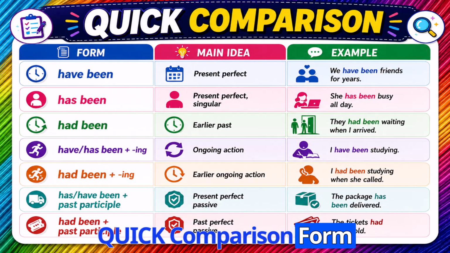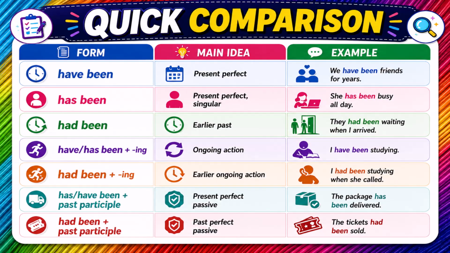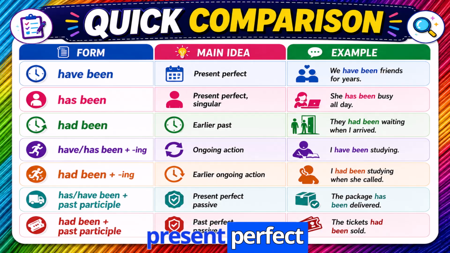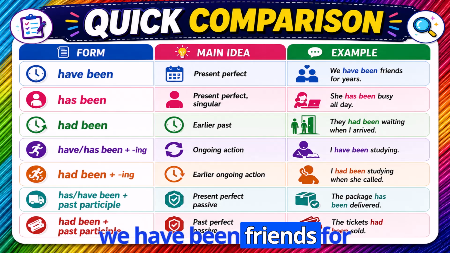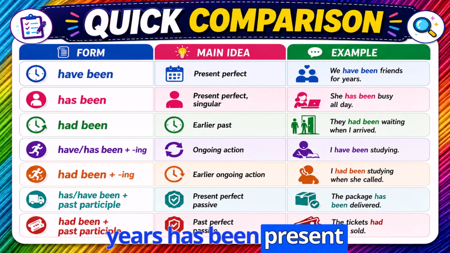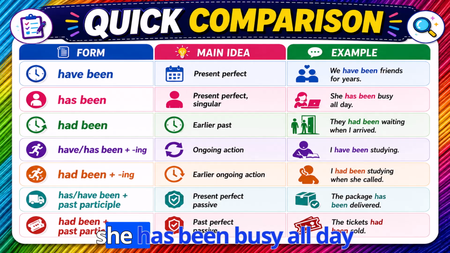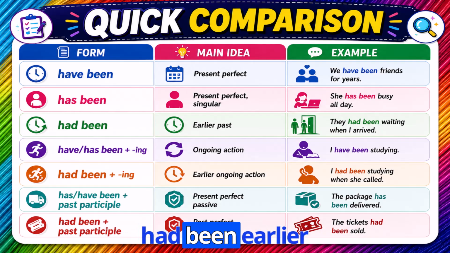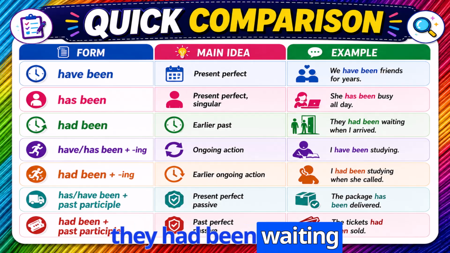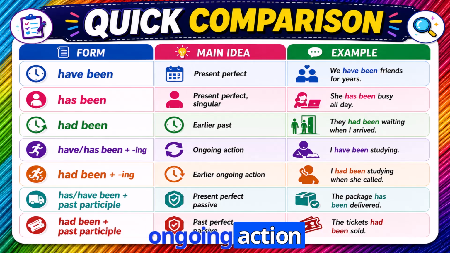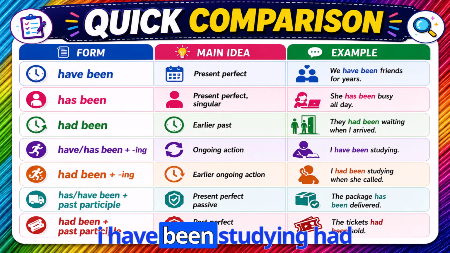Quick comparison. Form, main idea, example. Have been: present perfect. We have been friends for years. Has been: present perfect, singular. She has been busy all day. Had been: earlier past. They had been waiting when I arrived. Has been -ing: ongoing action. I have been studying.